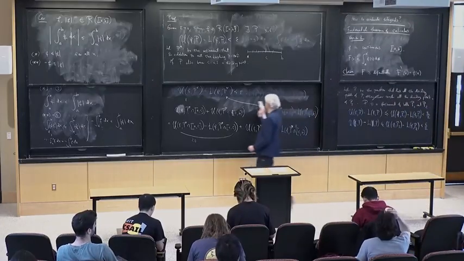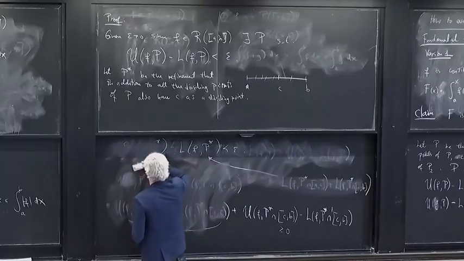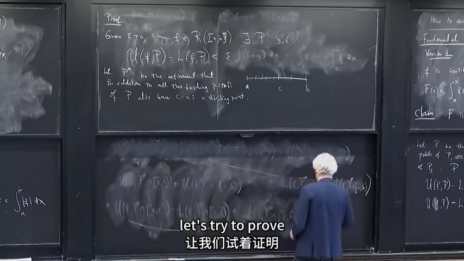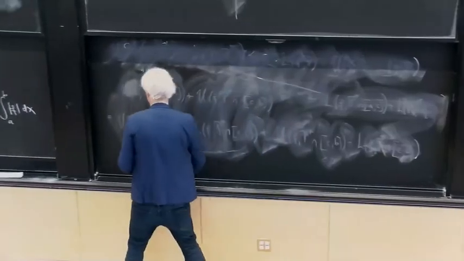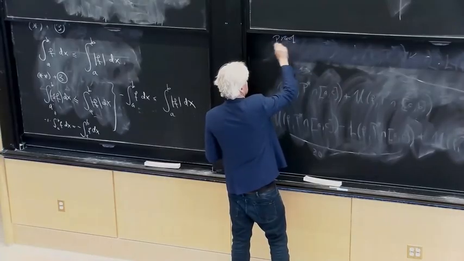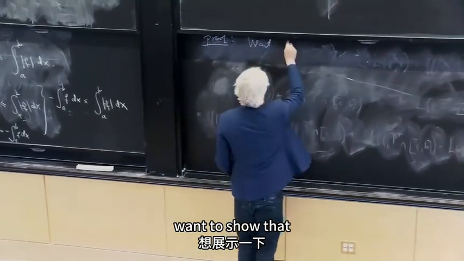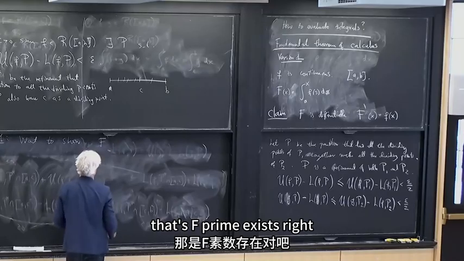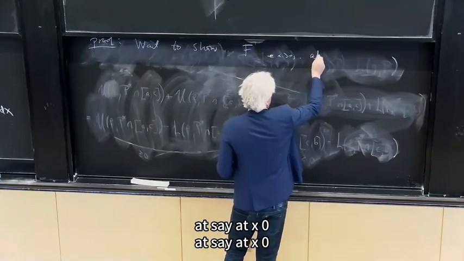Okay, let's try to prove that. So we want to show that F prime exists at x0.